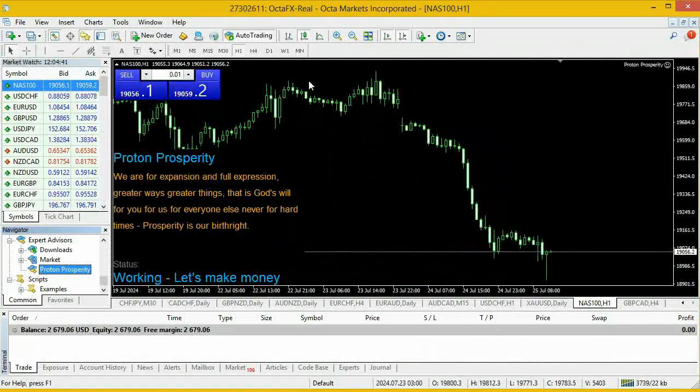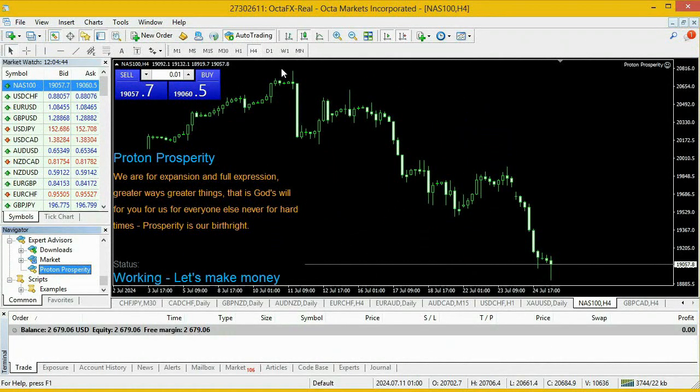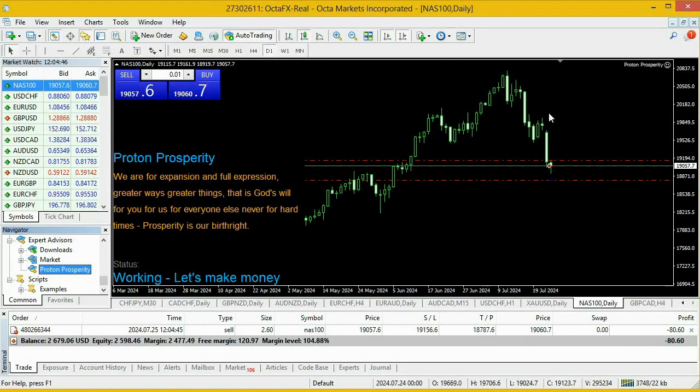The next trade is on NASDAQ. Sell position executed. Our stop loss and take profit.